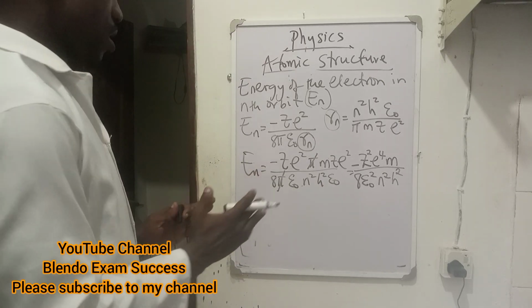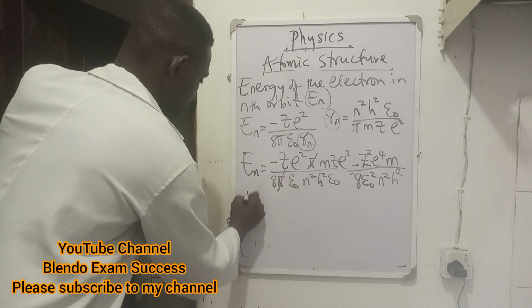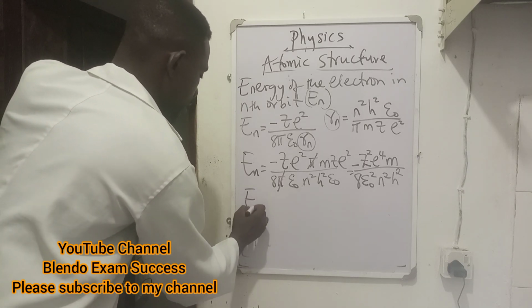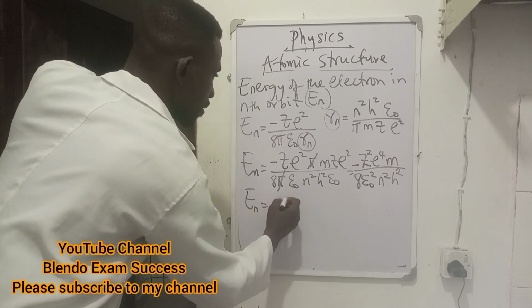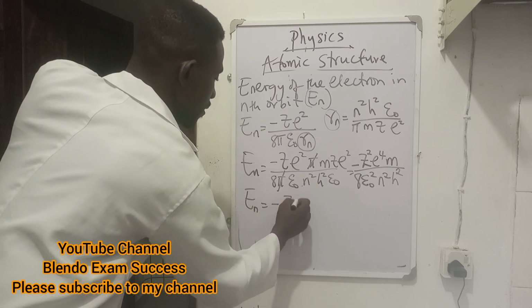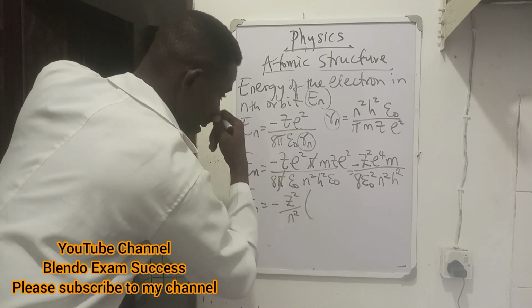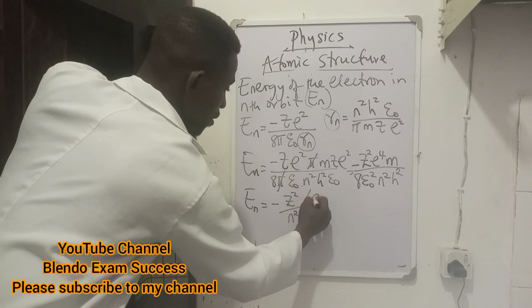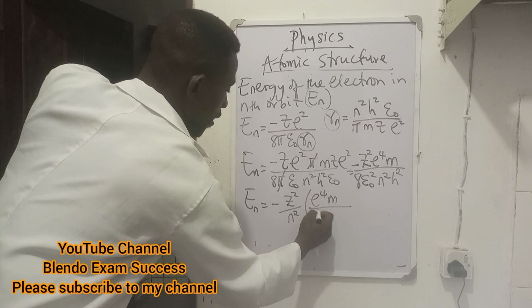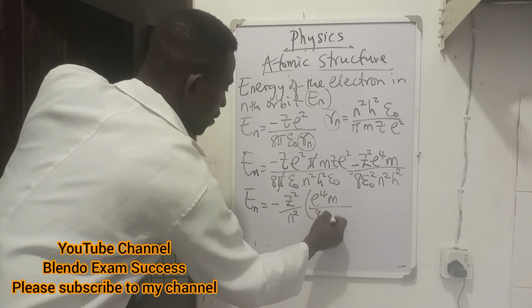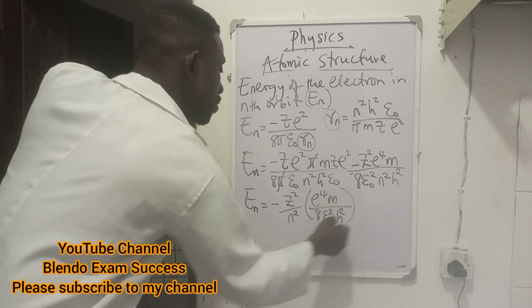So from here, we'll say, therefore, En equal to minus Z squared over n squared into e4 m all over 8 epsilon naught squared h squared.